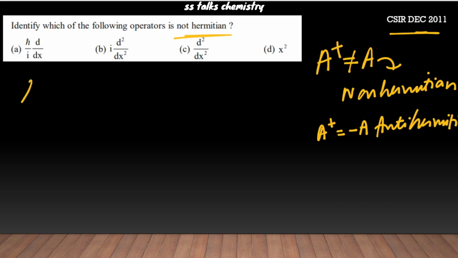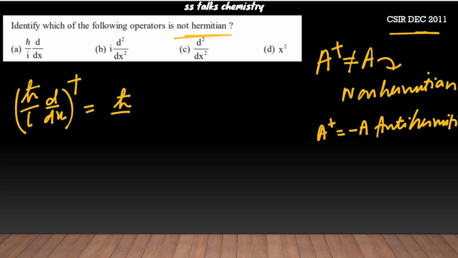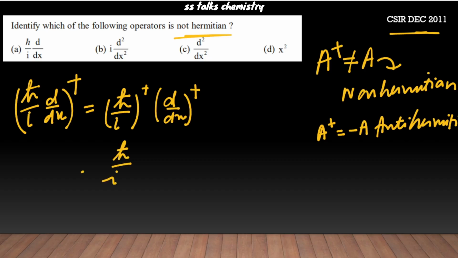So the first one is h cut upon iota d by dx. I have to take the dagger of it. So it is h cut upon iota dagger, into the d by dx dagger. Now h cut is a constant, it will come outside, and the dagger of iota becomes minus iota.